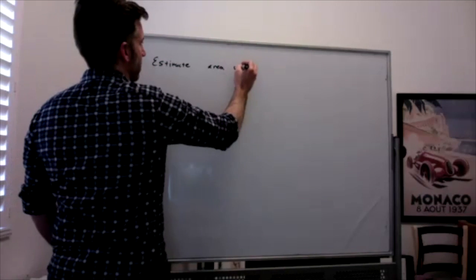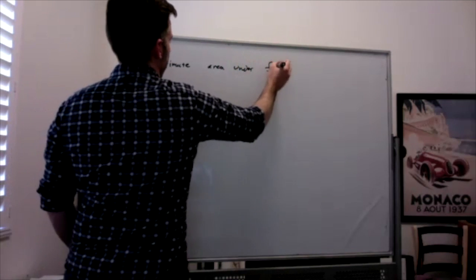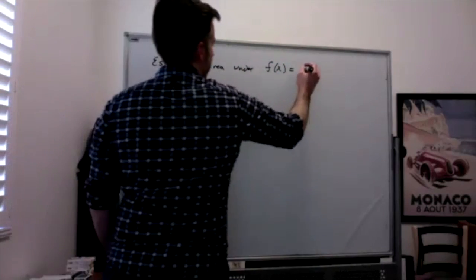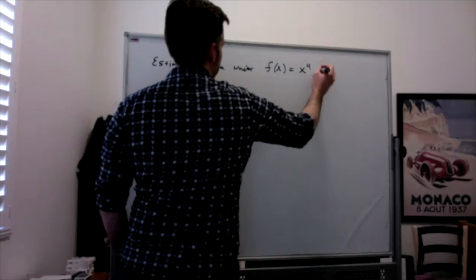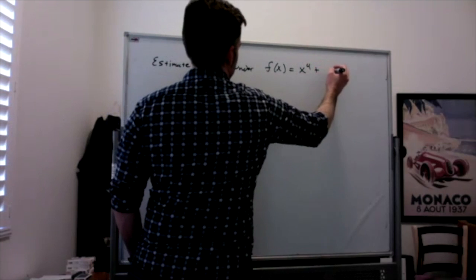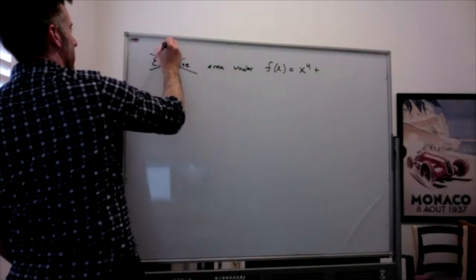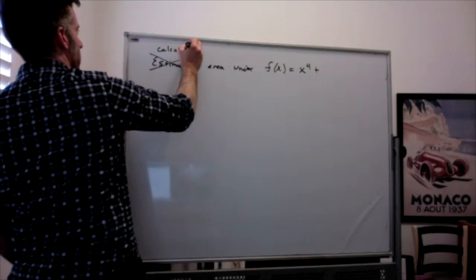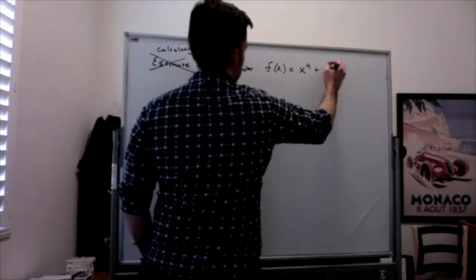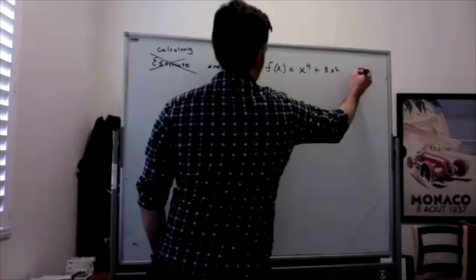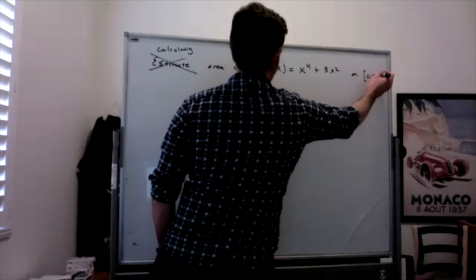That's the area under f of x equal to x to the 4th plus, do I want to make this really terrible? No, we're not estimating, we're calculating. x to the 4th plus x squared on the interval from 0 to 2.